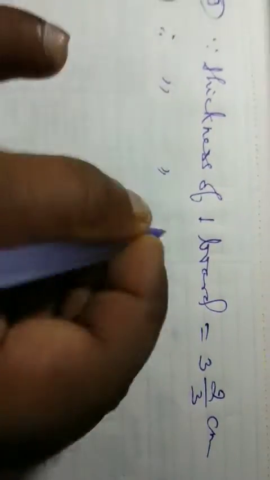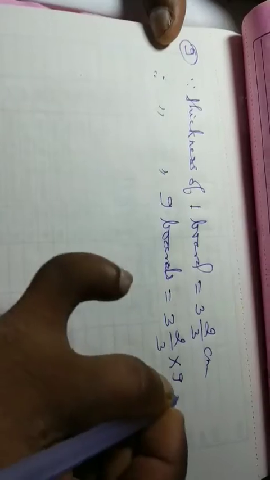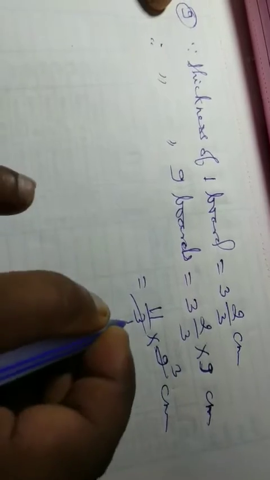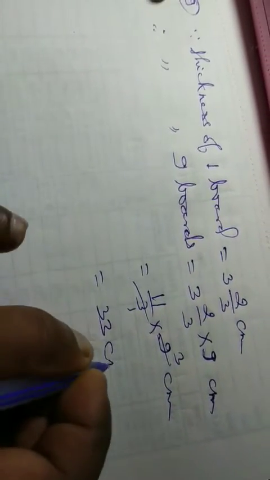Since the thickness of one board is equal to 11 by 3 centimeter, therefore the thickness of 9 such boards is equal to 11 by 3 into 9 centimeter. 3 3s are 9. 33 centimeter.